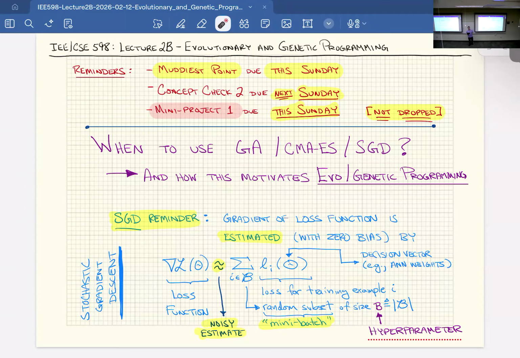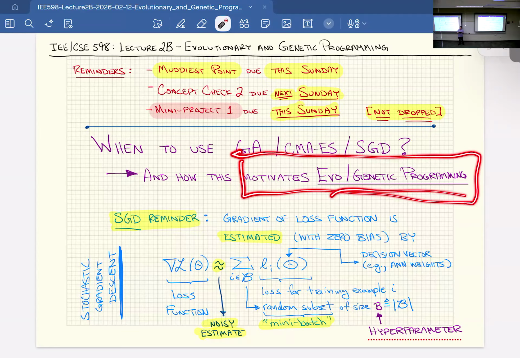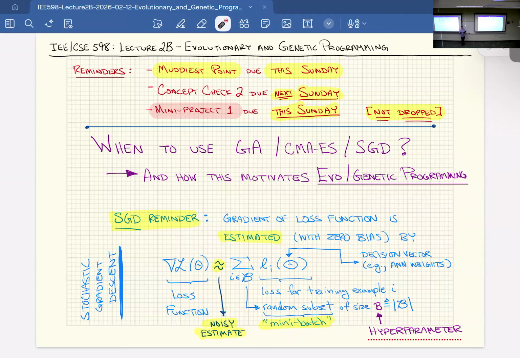So when do you use them? Are these just historical things we're talking about, or is there an actual application where it makes sense to use them over these other methods? I'm going to talk about that, and that will help us transition into one of these applications, where you certainly can use gradient descent, which is genetic programming and evolutionary programming.